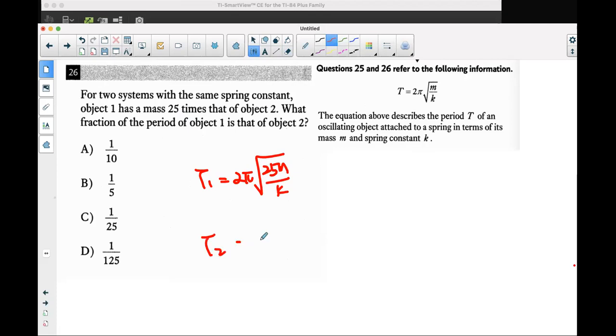And period 2 will be 2 pi square root of m over k. Now, did you realize that they're very similar, except I can bring out 25, can't I? This, in fact, is equal to 5 times 2 pi square root of m over k.